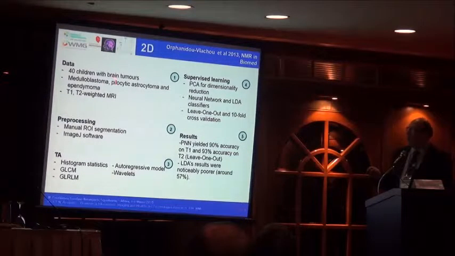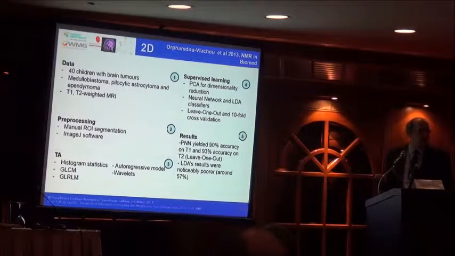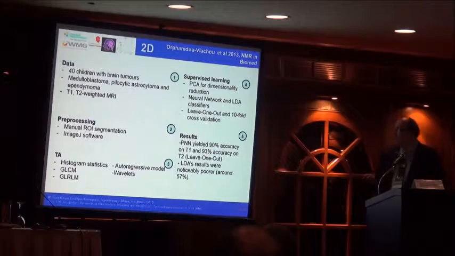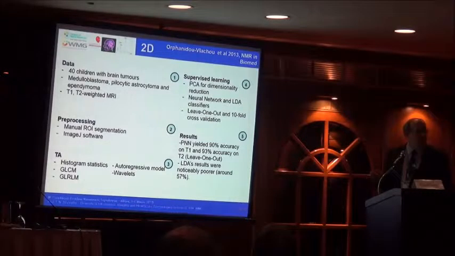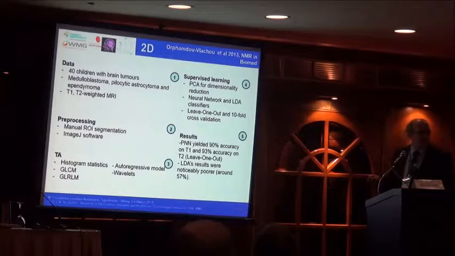So, in our first experiment, one of my PhD students, who's now in Cyprus, has looked at the three major categories of tumors, and we looked at T1 and T2 structural MRI. We did manual segmentation originally, and then we used the various typical TA texture analysis statistics.